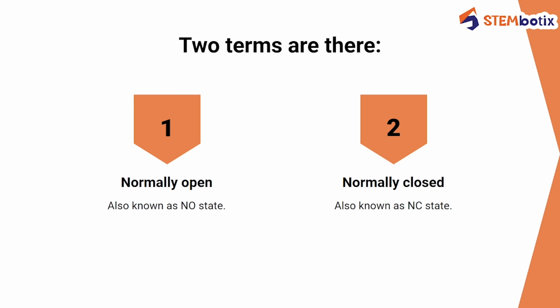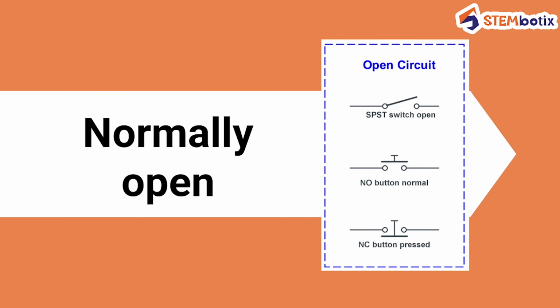Means the two states of switches are, first, the NO state, which equals normally open, and the other one is the NC state, which is also known as the normally closed state. So let's see both of them one by one.